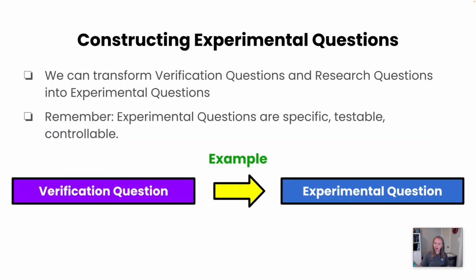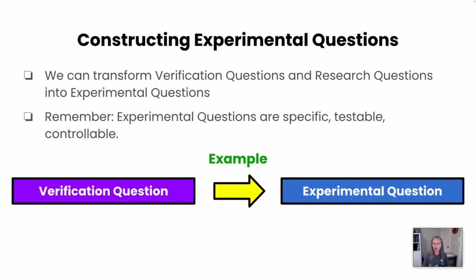Now, you can have questions, and you can essentially transform those verification or research questions into experimental questions. So you've got to remember, experimental questions are the ones we want in science because they're specific, they're testable, and they're controllable.